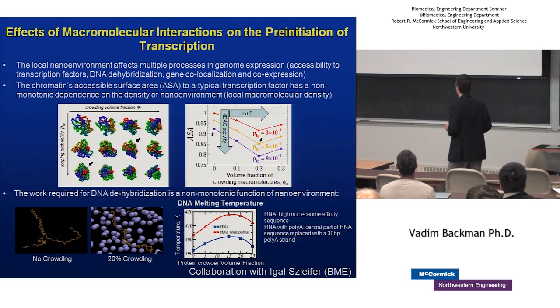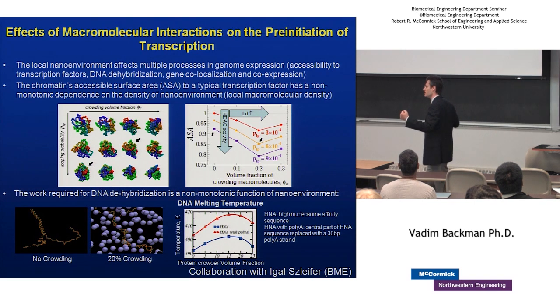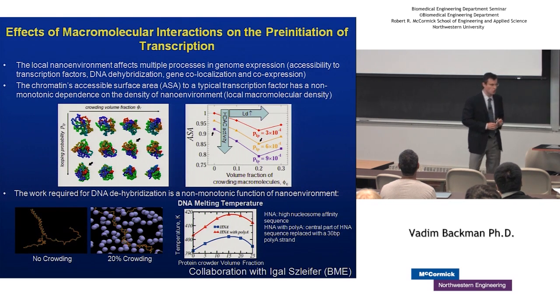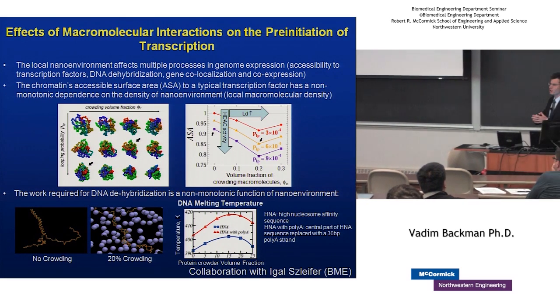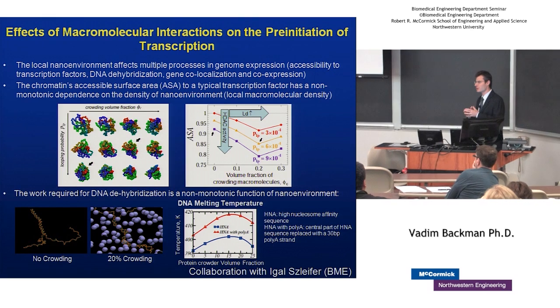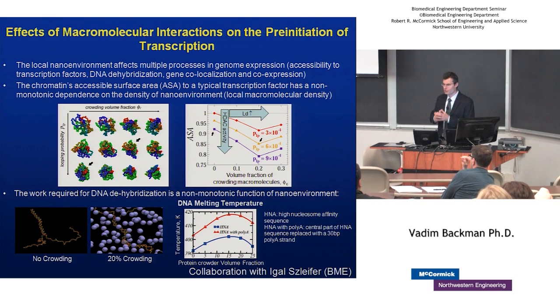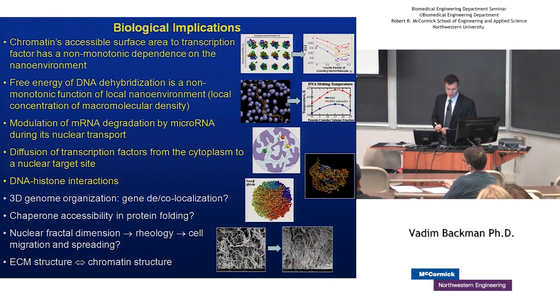In the same spirit, the work required for DNA dehybridization, which is one of the first steps to unwrap the DNA and allow for transcription to happen, is also a non-monotonic function of the local concentration. So this is just an example of how nanoenvironment may affect very fundamental processes occurring in the nuclei.